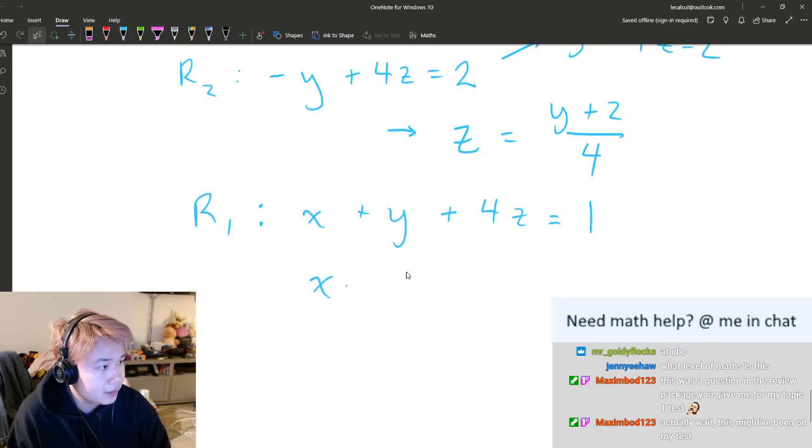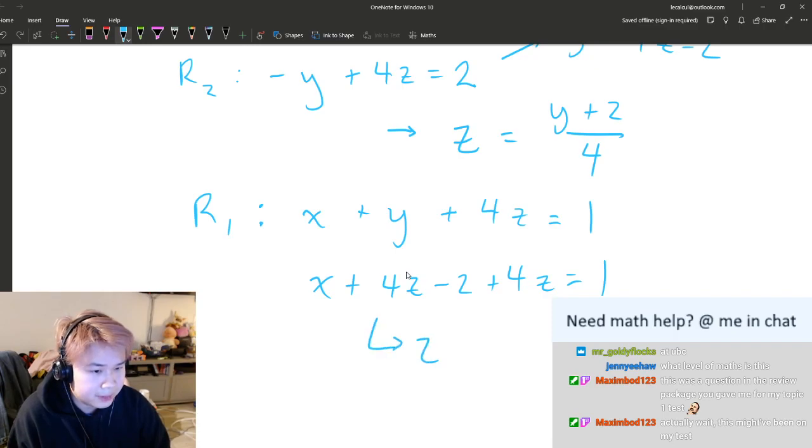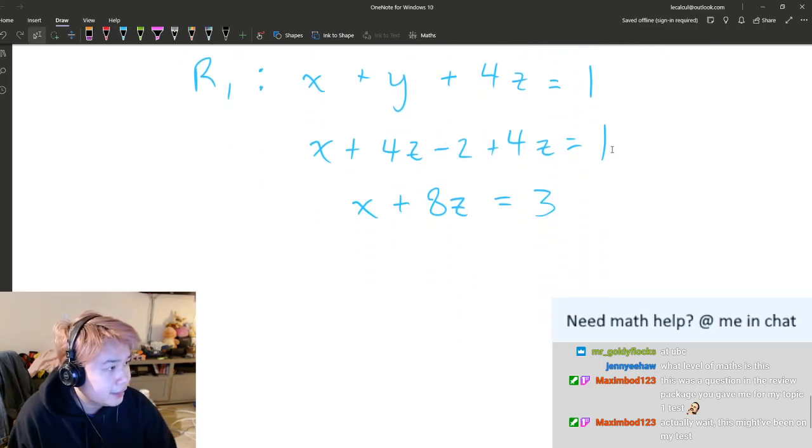So in this one down here, I have 4z minus 2 plus 4z is equal to 1. And then solving for, well actually, there's too many things happening right now. I add the 2, collect my z's, and then solving for z. What is z? 3 minus x divided by 8.